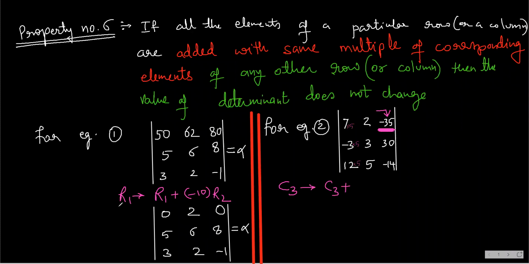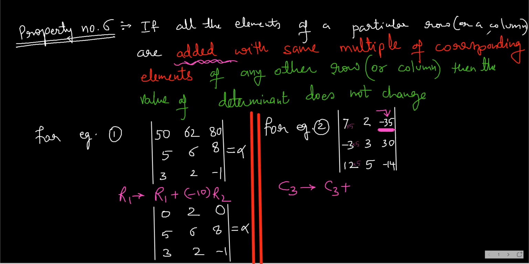See here, R1 changes to R1 plus. Always remember, it is always going to be plus, that column plus, that row plus. You are going to add.